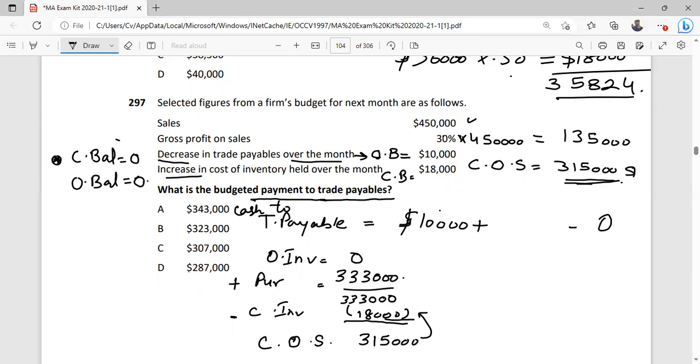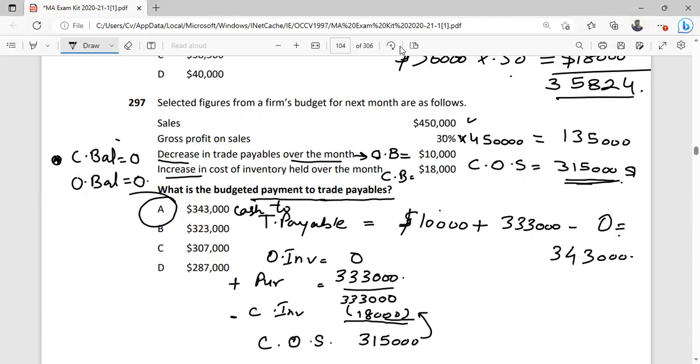To calculate cash paid to trade payables, opening payables 10,000 plus credit purchases 333,000 minus closing is 0. So what is the right answer? The right answer is 343,000.